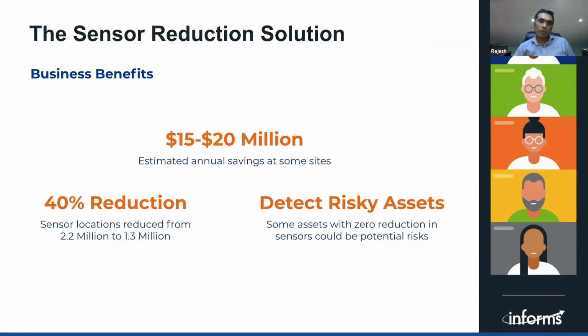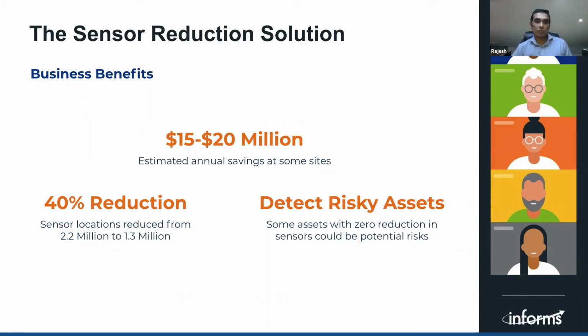We were able to reduce the sensors to less than 60% of the original, a 40% reduction. What they were trying to do was upgrade the sensors, so when they were trying to replace, they don't have to replace sensors one-to-one. They need to replace only 60% of them. So that was a big saving, I think it saved a lot on the purchase price of the sensors itself.